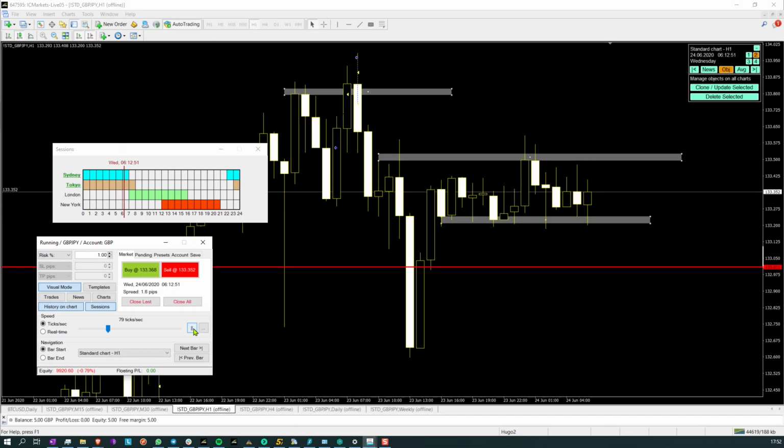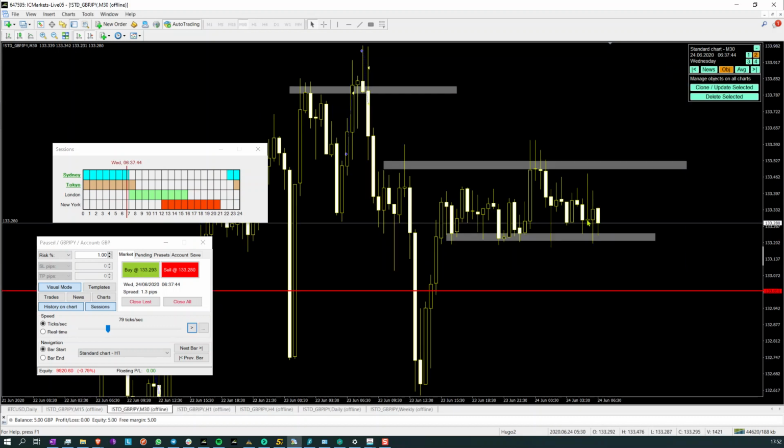Let's see how the 30 minutes close. 30 minutes has closed already. It's closed bullish inside. Now if we break this 30-minute low, completely in.